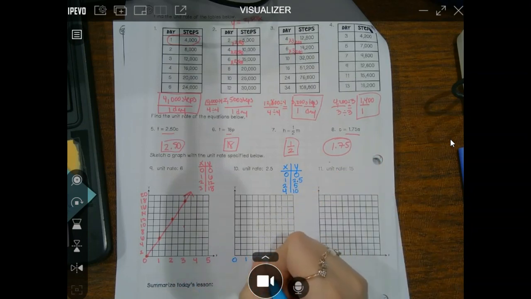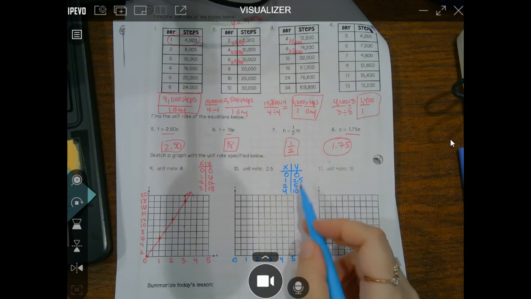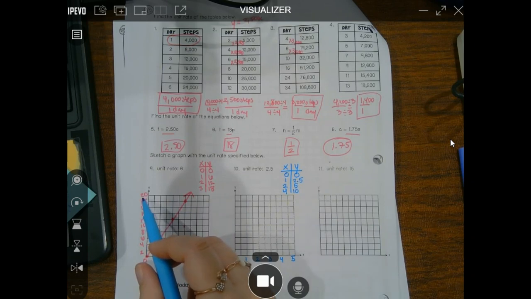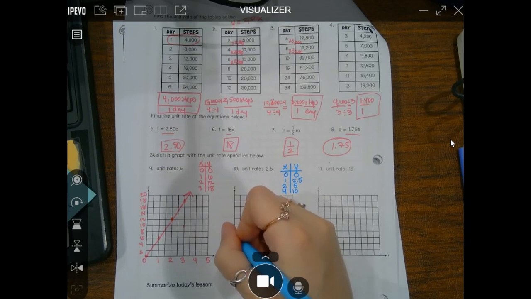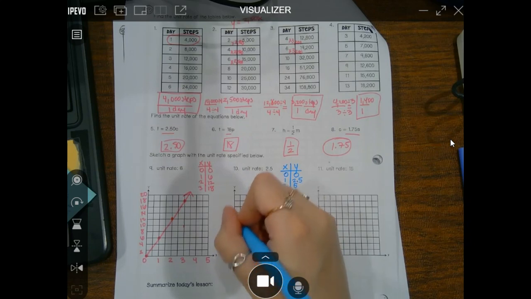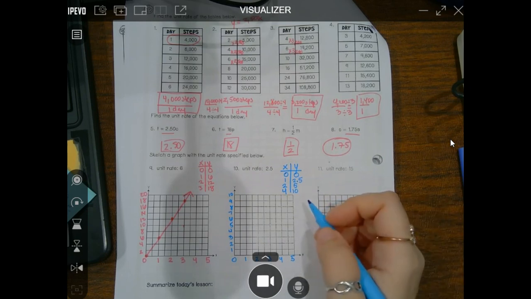Okay. So here I can kind of count the same way I did before. 0, 1, 2, 3, 4, and 5. Okay. And then for this one, I can probably just count by ones because the highest I have to go up to is 10. And we know if we count by twos, we go up to 20. So it'll fit just perfectly with 10 at the top. Okay. Now I plot my points.